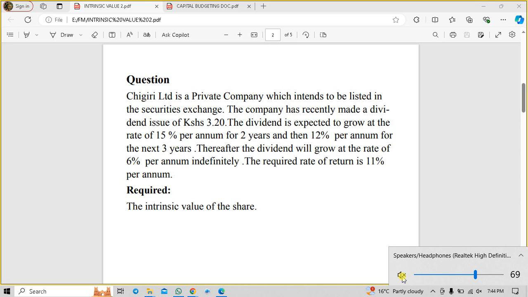Number two, dividends. So what is capital gains? Today Safaricom shares is 18 shillings per share. With Safaricom, I think since the elections the share price has dropped.